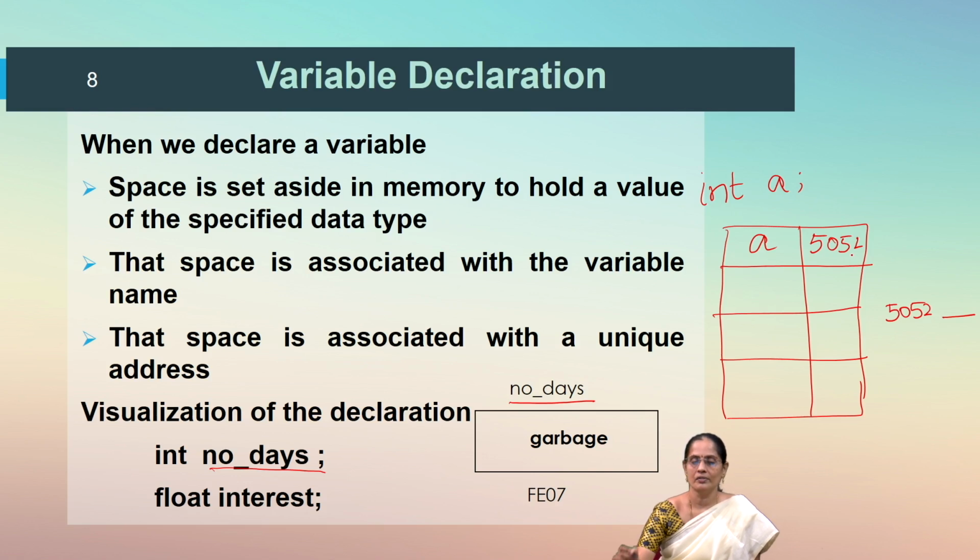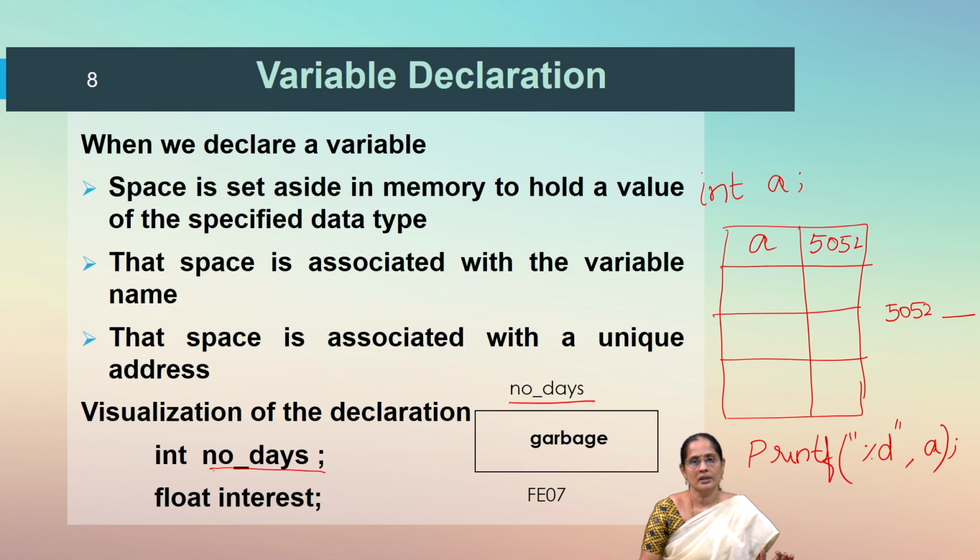When it is assigned the address 5052, and I use a statement, say printf of %d comma a, this statement is used to print the value stored in the variable named a.